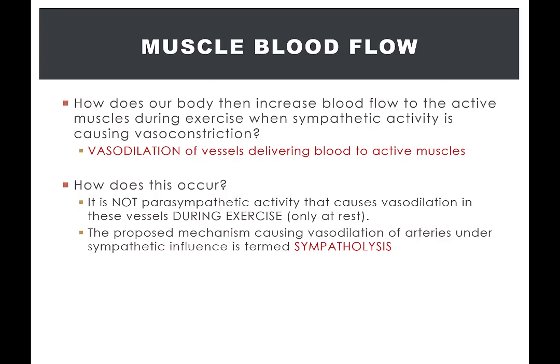Now, many of you may believe that because sympathetic activity causes vasoconstriction, the vasodilation surrounding active muscles during exercise is caused by parasympathetic activity. This is not the case. Vasodilation of arterial vessels surrounding active muscles during exercise is not, I repeat, not caused by increased parasympathetic activity just on those vessels.